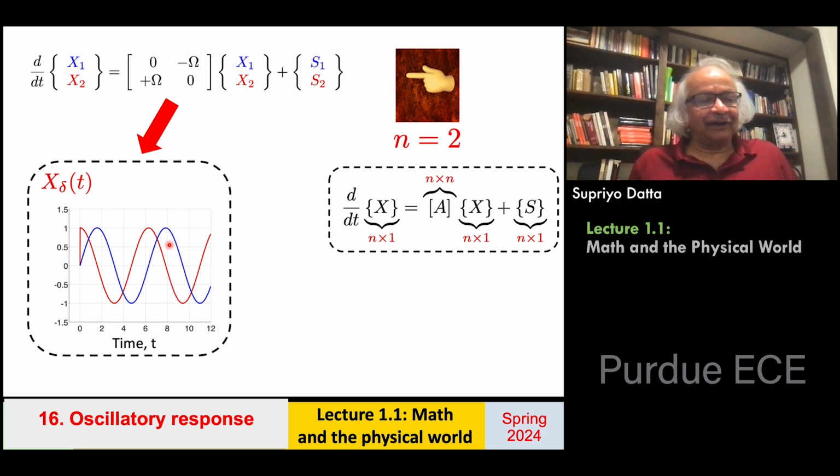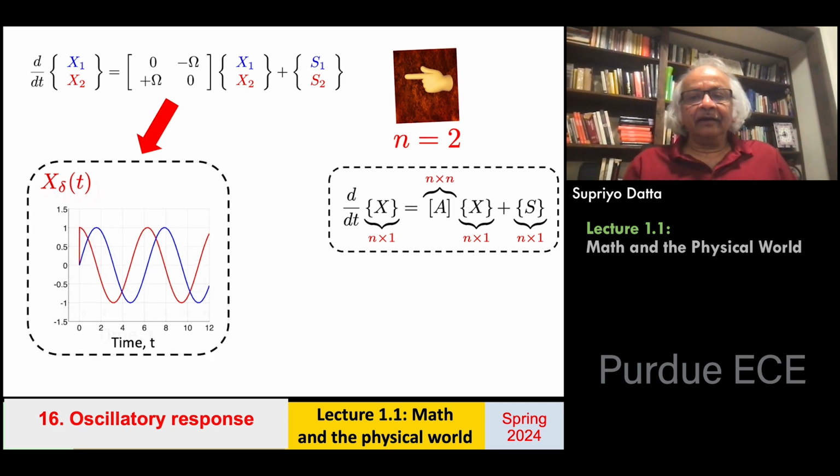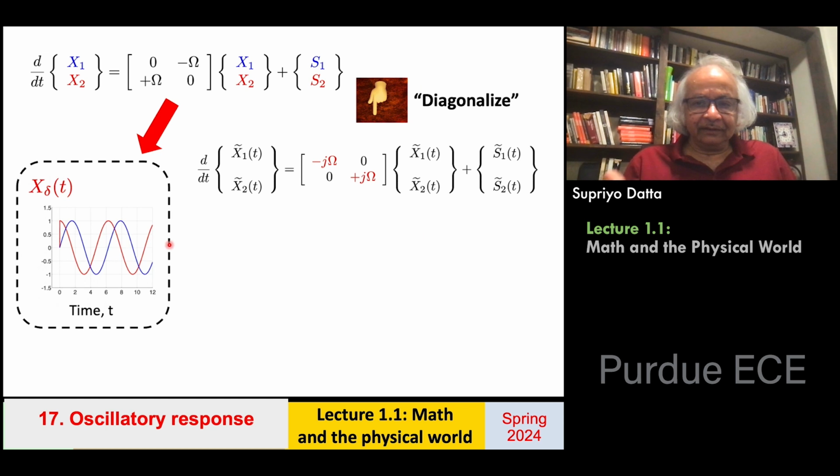But then the question is, how do I understand it? Well, that's where this approach is usually very useful, and that is this idea of diagonalizing that matrix. There is a basis transformation that you can perform so that x1, x2, s1, s2 are now transformed into x1 tilde, x2 tilde, s1 tilde, and s2 tilde.